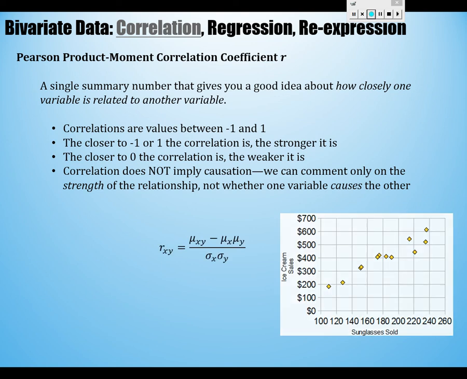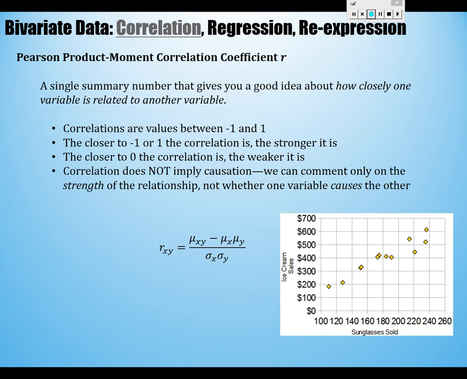The classic go-to example is sunglasses sold and ice cream sales. There's actually a pretty convincing positive linear correlation between those, and yet there's obviously no causality. There's maybe a third underlying cause, and that's what? Summer. Yeah, the weather, the summer, the sunny temperature, all that.